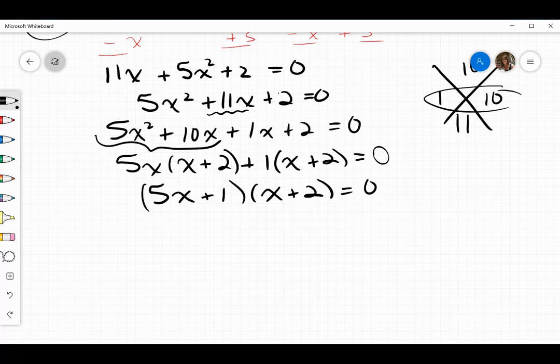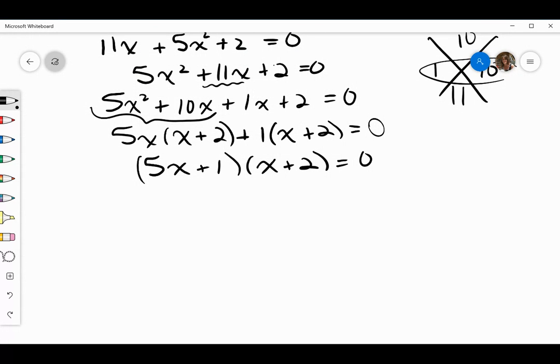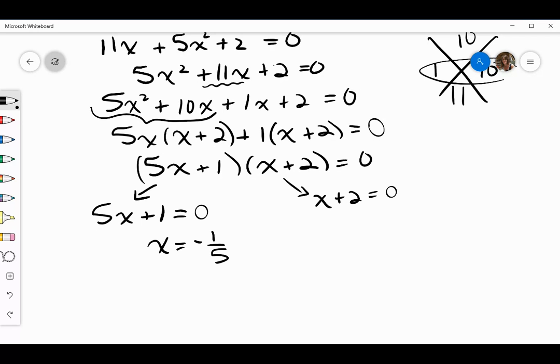So when we go for solving, a times b equals 0. A is 0, or b is 0, or both of them could be 0, right? X plus 2 equals 0. So if we go through and solve, I'm just going to jump down to the end here. -1/5 and -2.